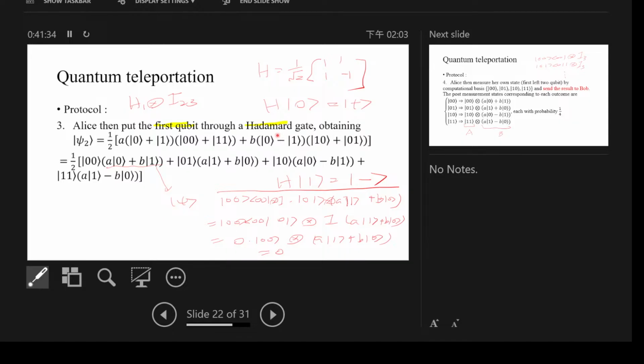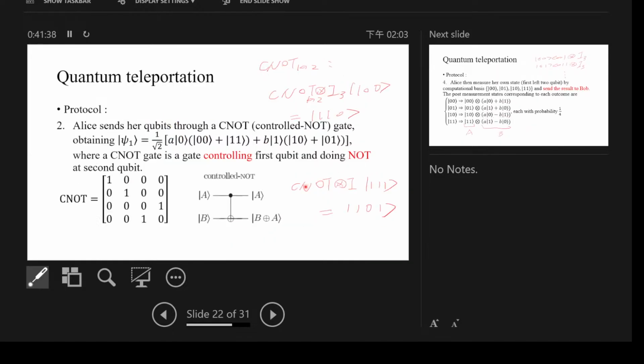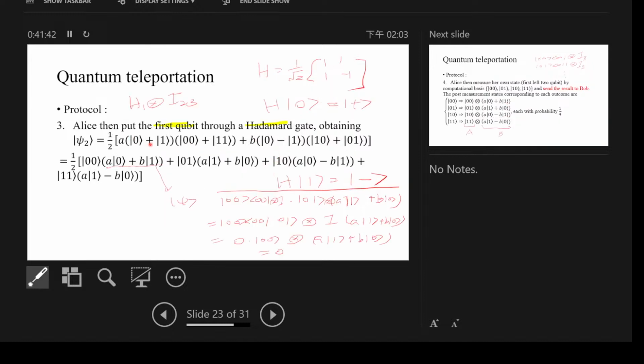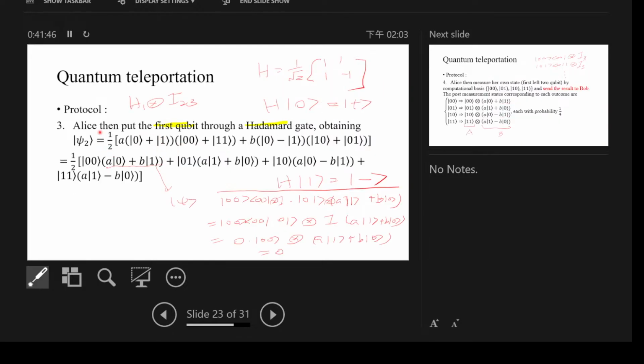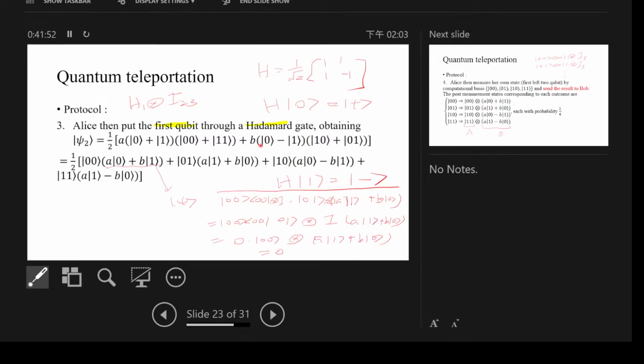And let's see what the Hadamard gate does. The Hadamard gate on 0 will turn into the plus state, and the Hadamard gate on 1 will turn into the minus state. So the 0 state becomes the plus state, basically this thing with the normalization changed a little bit, and then the 1 state becomes this minus state, 0 minus 1. Okay, so Hadamard on 0 is plus, Hadamard on 1 is minus.